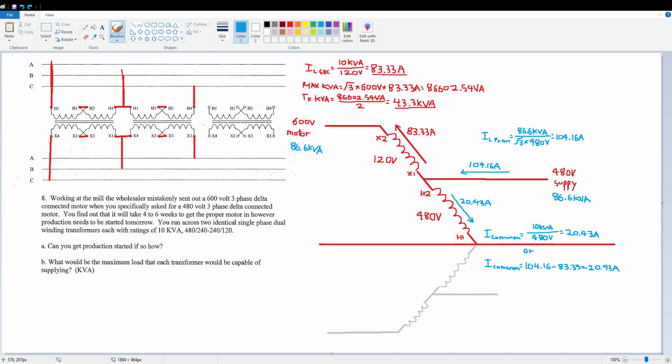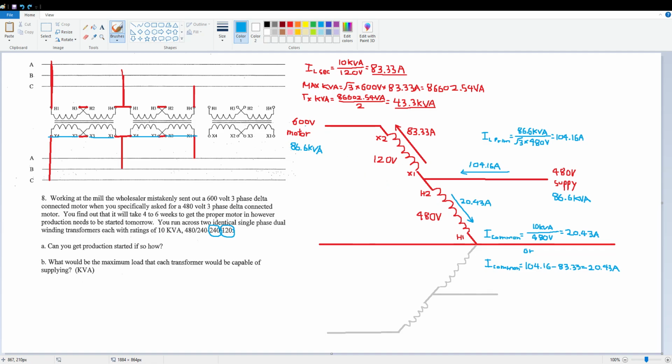And I think I also did this wrong. This is supposed to be in parallel because you want the low voltage setting, not the high voltage setting, because if it was 240, it would be too high of a voltage. It would be over 600 volts.